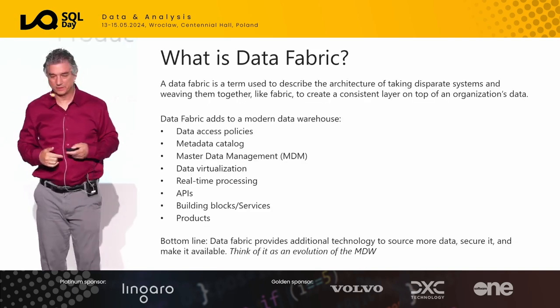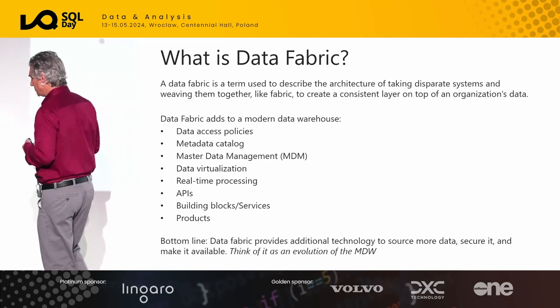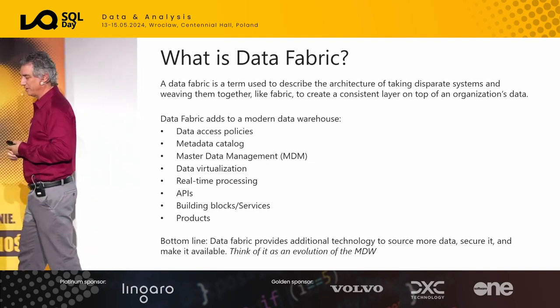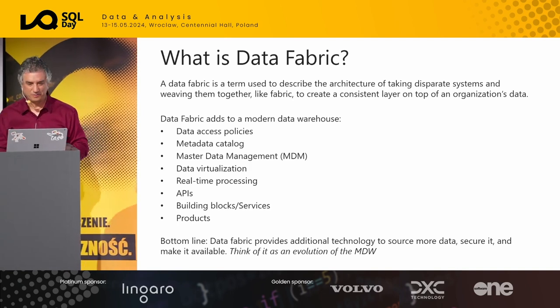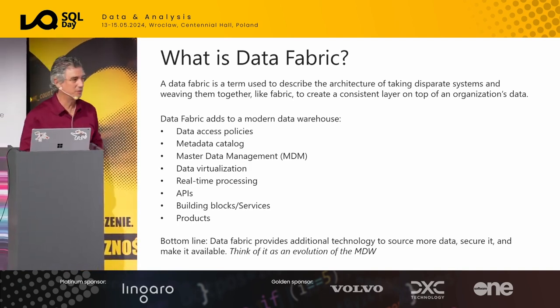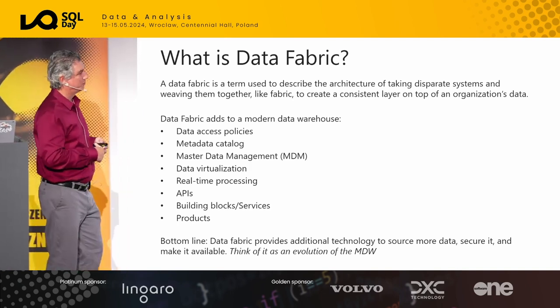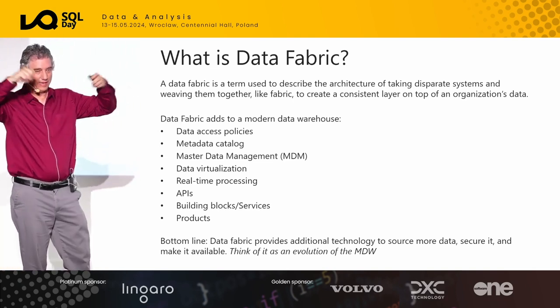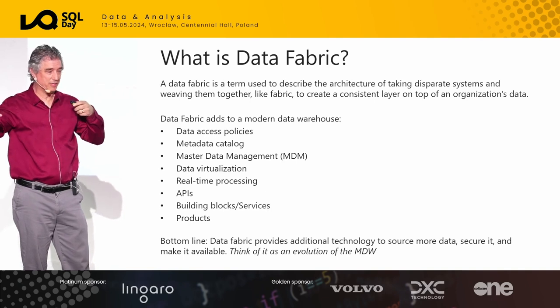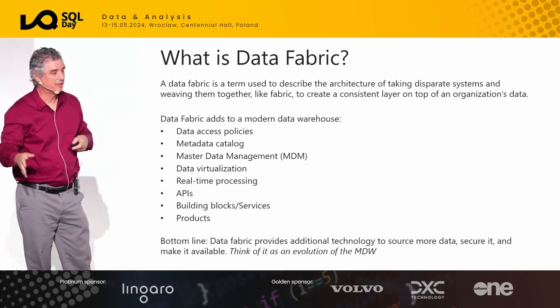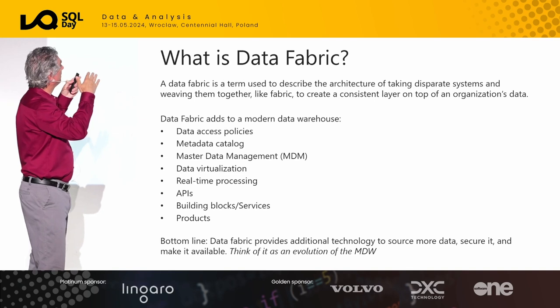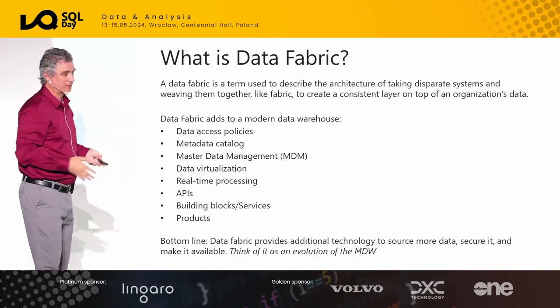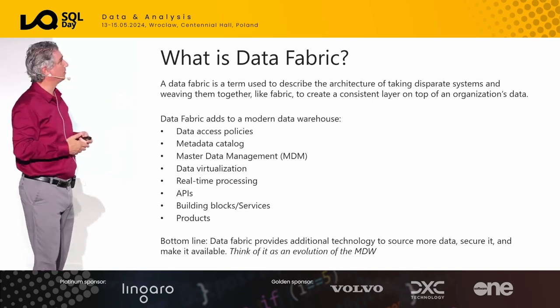And the way I think of a data fabric is it's an evolution, I should say, of your modern data warehouse. It's giving you additional functionality to, as a data fabric does, weave out and pull in more data sources, no matter what the size, the speed, or the type is. So it'll add functionality, including things like data access policies, which is just better security.